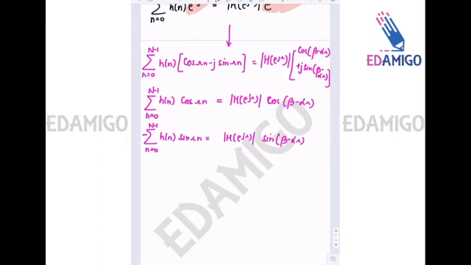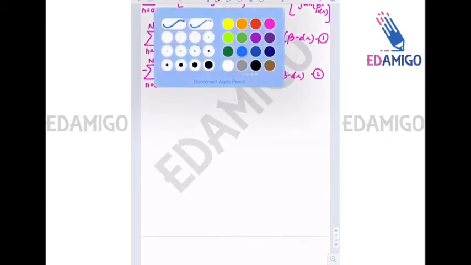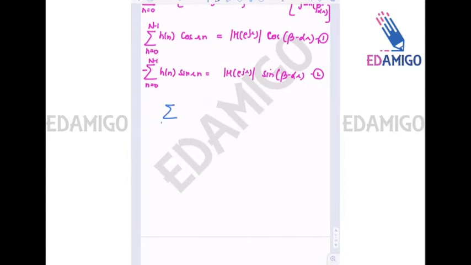Now this is equation number 1 and this is equation number 2 for us. Now taking the ratio of these two equations, the same method as we have done there.